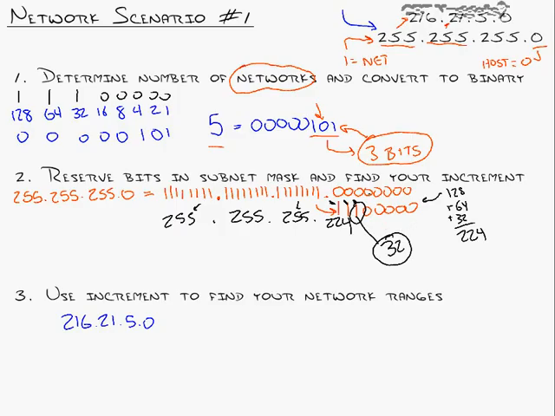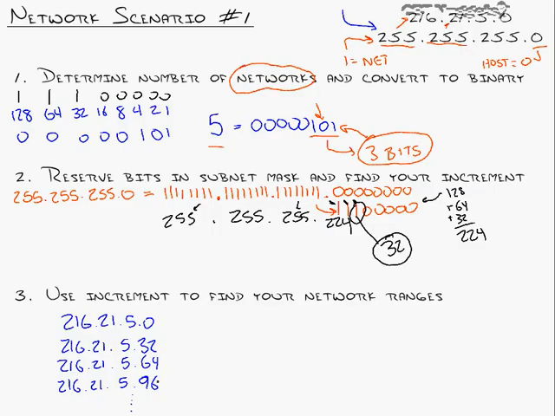Now my increment right here, this 32, is in the 4th octet, so that's where I do my addition. 216.21.5.32. 216.21.5.64. You can see all I'm doing here is adding my increment. 216.21.5.96. That's 64 plus 32. And so on and so on we go.